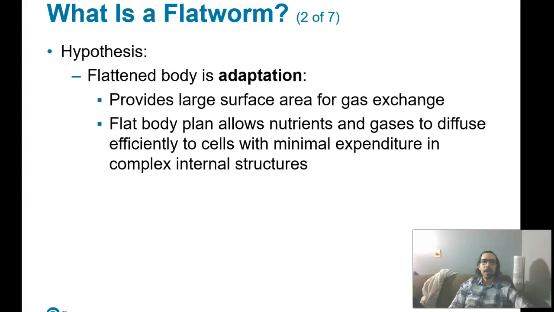One of the hypotheses is that the flattened body is an adaptation for these worms because it provides the large surface area for gas exchange since they lack the structures to take in the oxygen. And the flat body plan allows for those nutrients and gases to diffuse easily to the cells.